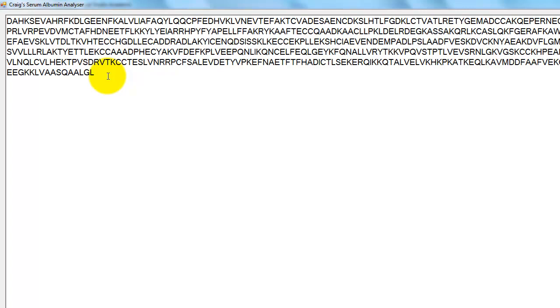One of the interesting characteristics of serum albumin is that it contains a large number of disulfide bridges. These are bridges between cysteine residues. Altogether there are 35 cysteine residues in this sequence, and they form 17 disulfide bridges.